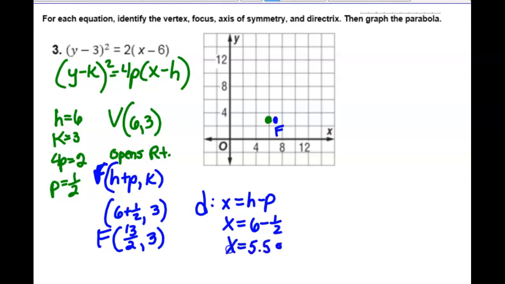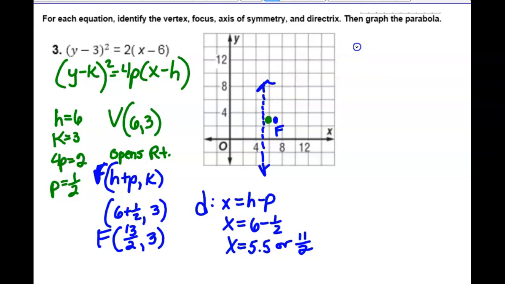So 5.5 or 11 halves. So here's 4, 5.5 would be super close to the vertex here. So since these are so close together, is it going to be skinny or wide? I think it's going to be skinny, yes.